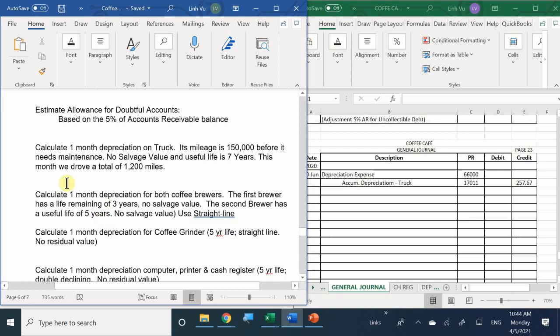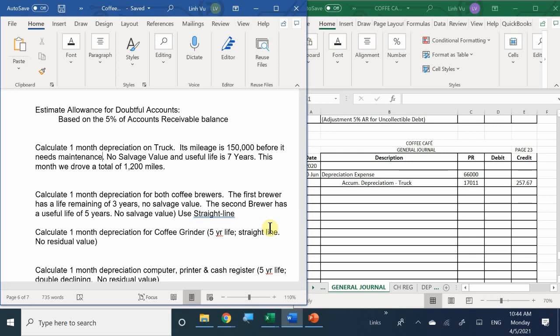Coffee grinder. So we're going to calculate 1 month of depreciation for both coffee brewers. Here it says the first brewer has a life remaining of 3 years, because remember, we bought it from the other store, which means maybe that it's been used.